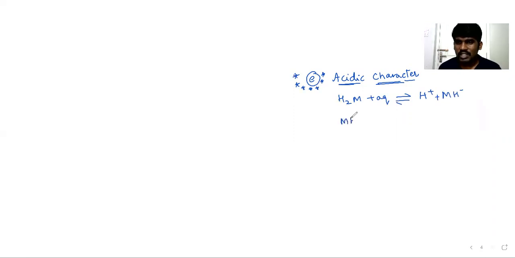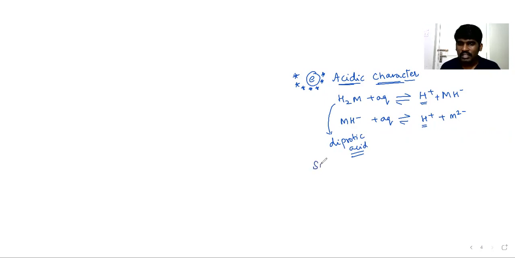And that MH- can further dissociate to form H+ and M2-. It is giving 2 protons, hence our H2M, the group 16 element hydride, can be considered a diprotic acid. A substance which gives H+ ion easily can behave as a stronger acid.